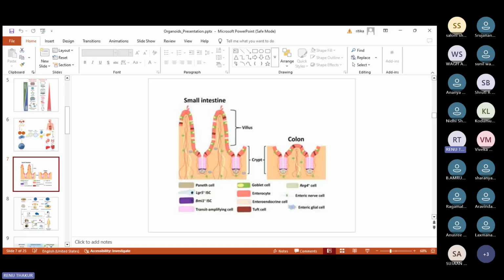So this is how we can study each and everything about the small intestine by creating these kinds of organoids in our lab. They are used extensively in research to study intestinal development, disease modeling, and drug testing. The key features again: crypt-villus structure.